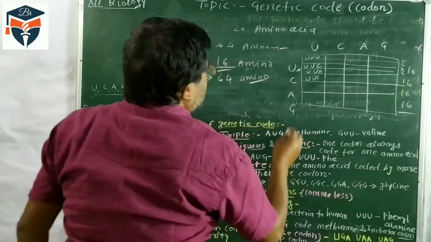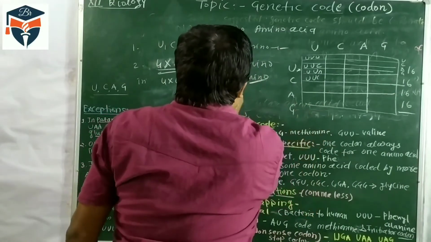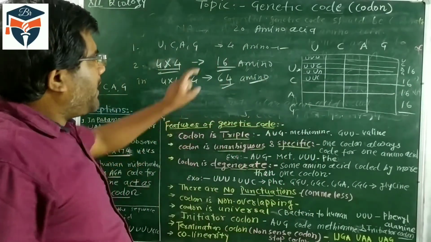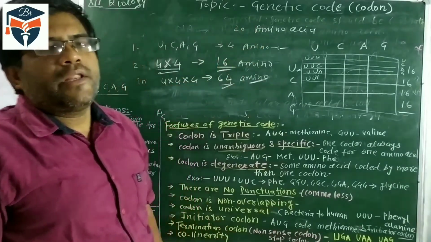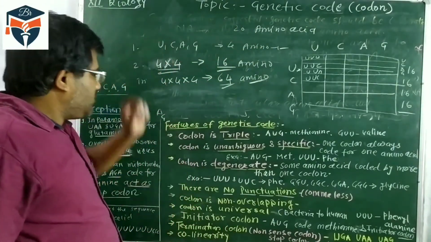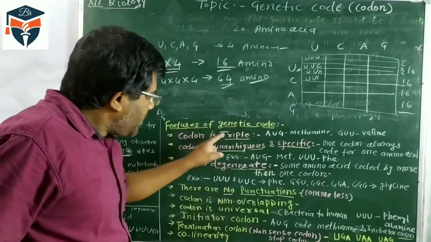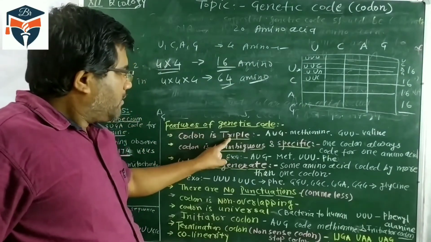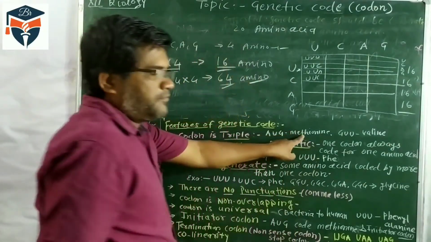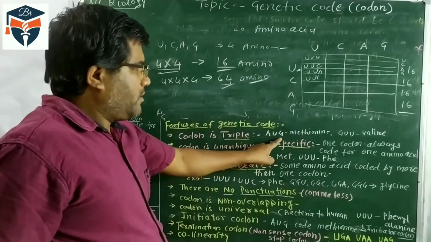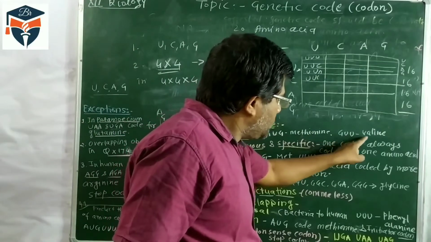So you will get 64 codons. And those 64 codons will be enough to code the 20 amino acids. And that's why we say a codon is a triplet. Suppose, for example, AUG is the code for methionine. So this is a triplet codon. GUU is the code for valine.